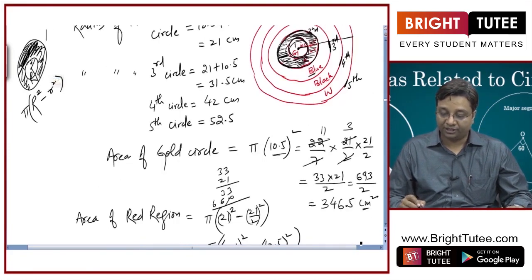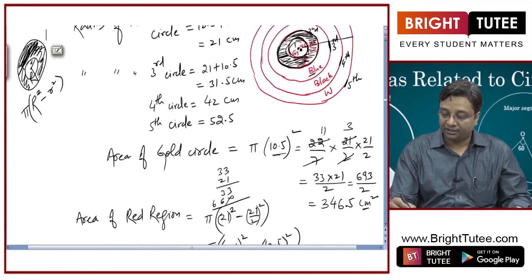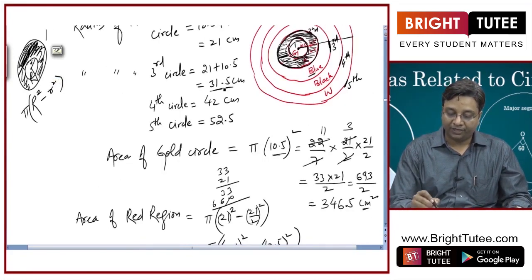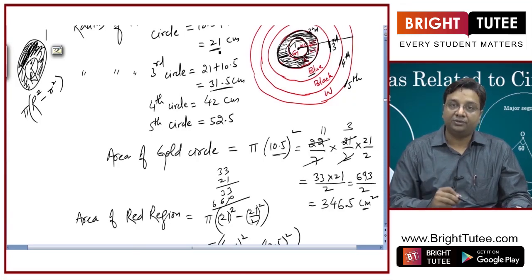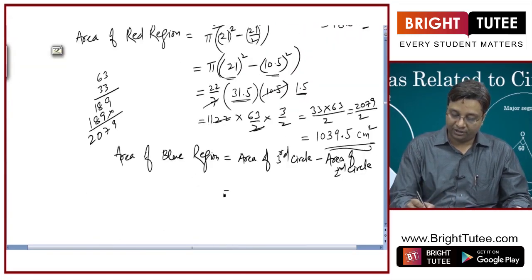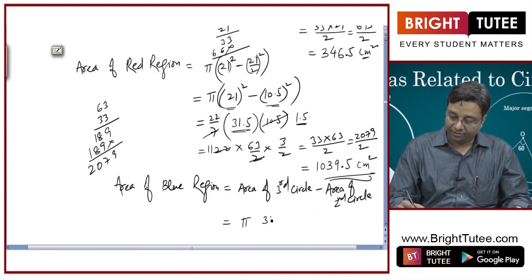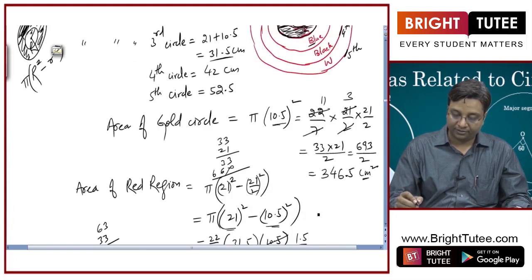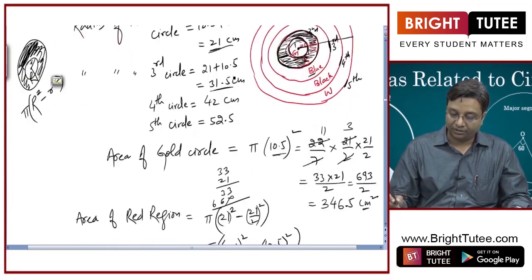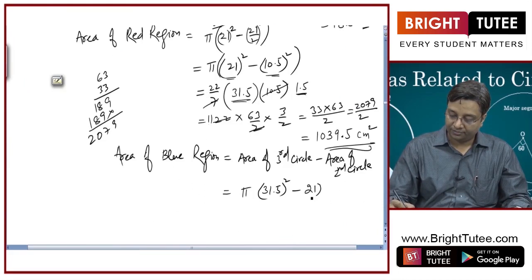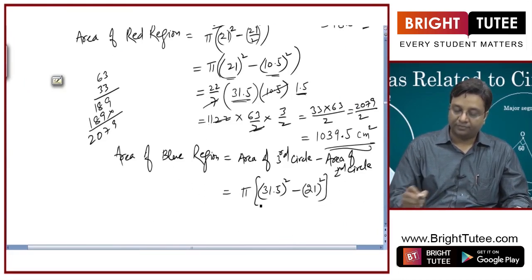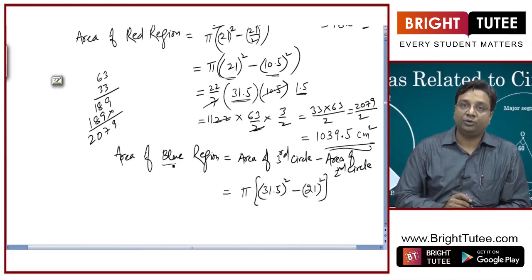And what is the radius of the third circle? The radius of the third circle is 31.5 and the radius of the second circle is 21. So this is pi into 31.5 squared minus 21 squared. Right? This will be the area of the blue region.